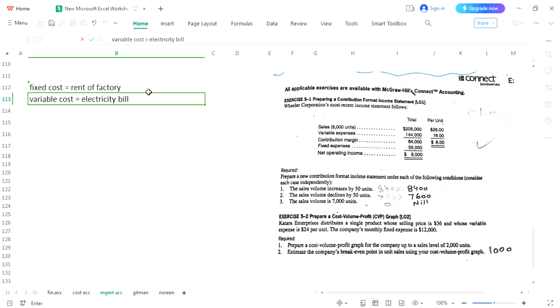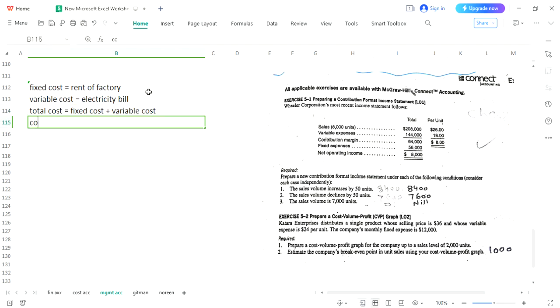The second matter we discussed was variable cost, and the third matter was total cost. How do you calculate total cost? By adding your fixed cost and your variable cost. If you sum up fixed and variable cost, you will get your total cost.